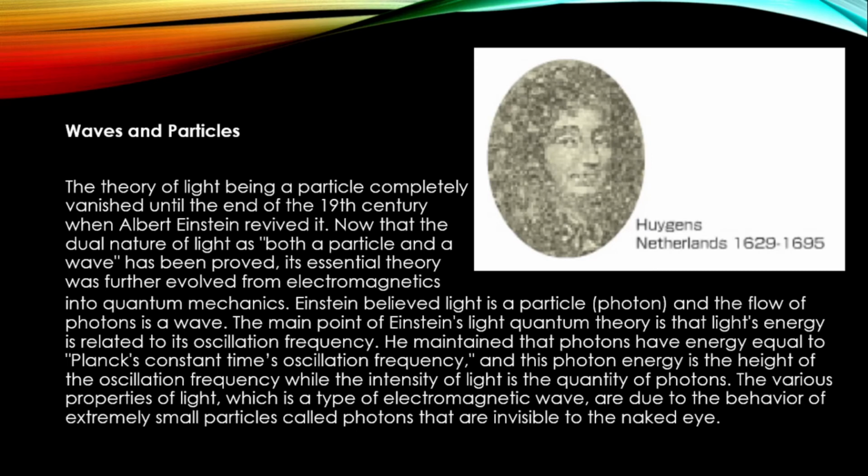He maintained that photons have energy equal to Planck's constant times oscillation frequency. And this photon energy is the height of the oscillation frequency, while the intensity of light is the quantity of photons. The various properties of light, which is a type of electromagnetic wave, are due to the behavior of extremely small particles called photons that are invisible to the naked eye.